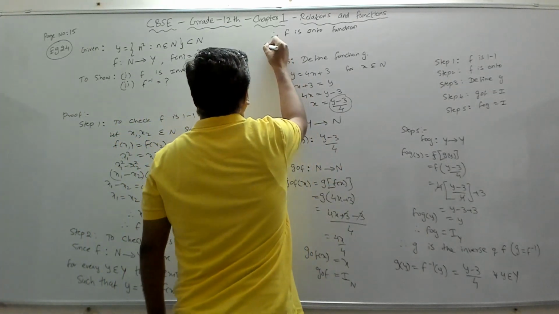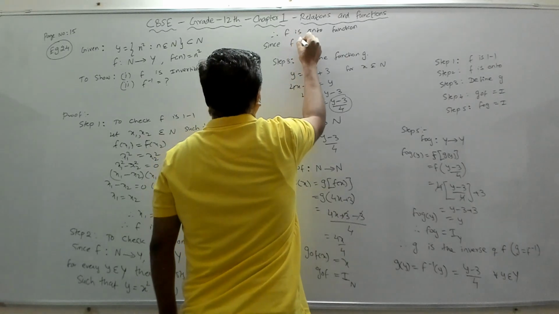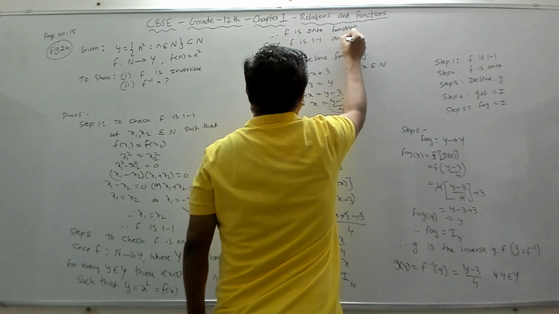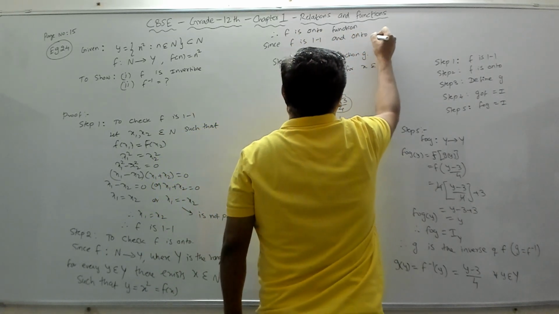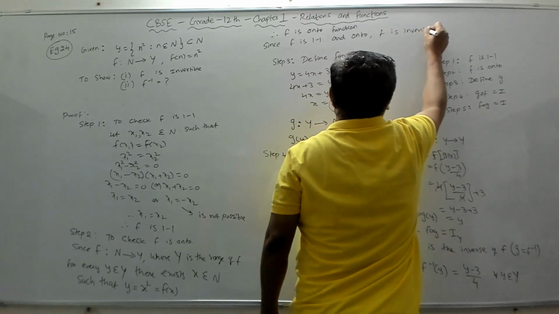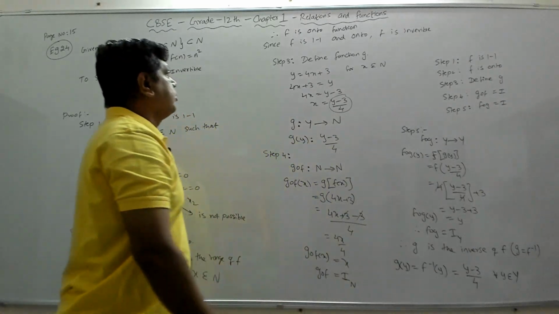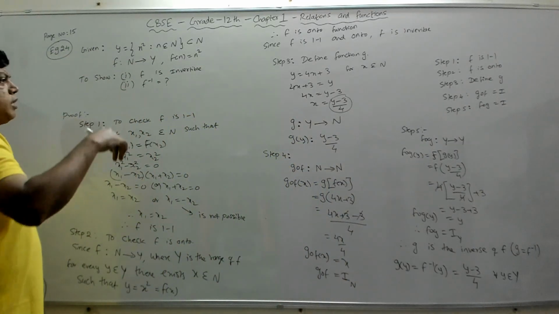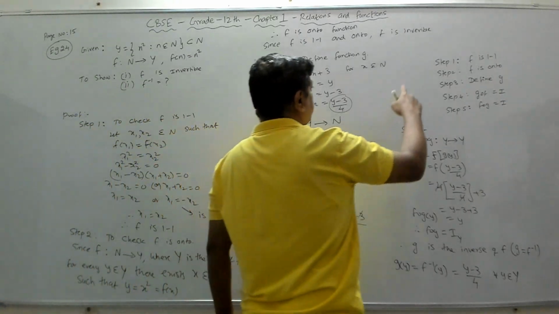Now we will say, since f is 1 to 1 and onto, f is invertible. Invertible means f inverse exists. Now we'll go to step 3. In steps 1 and 2 we have proved f is 1 to 1 and f is onto.